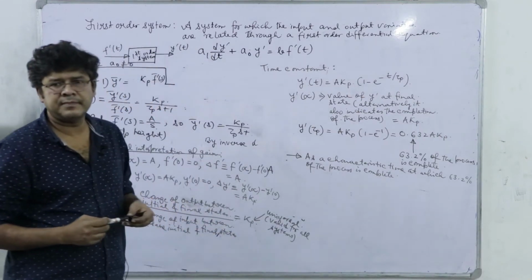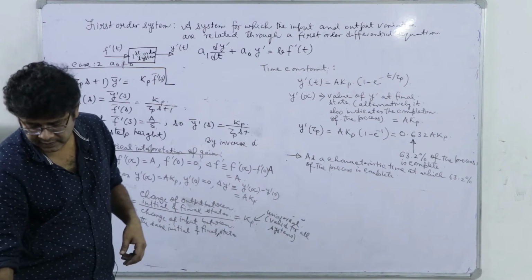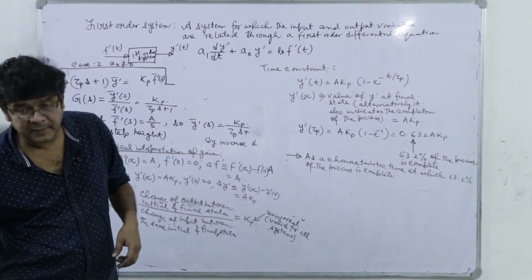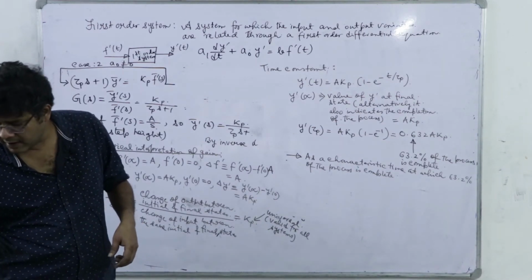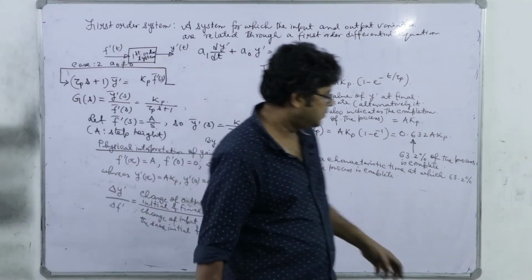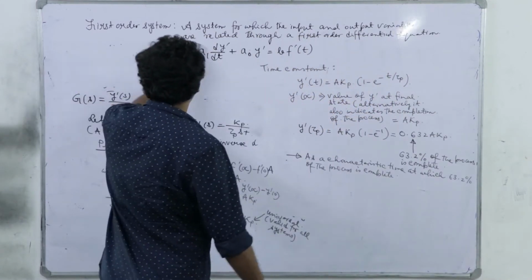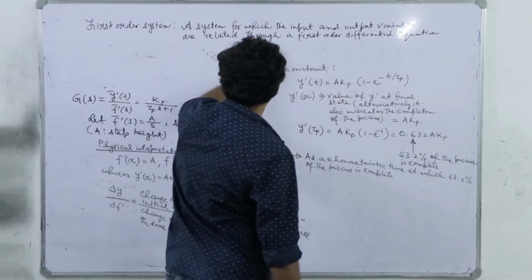Right. So, we can say that for any first order process, its time constant is that specific characteristic time at which 63.2% of the process is complete. So, there is an alternative definition as well of the time constant. So, let us also discuss about it.